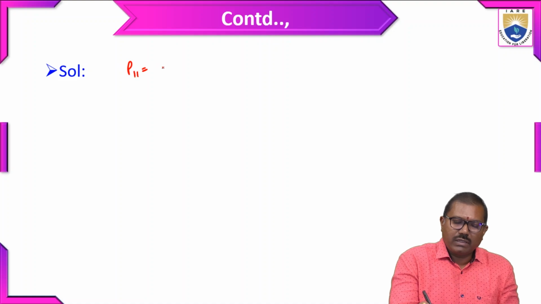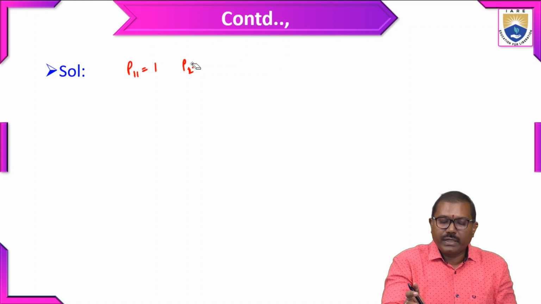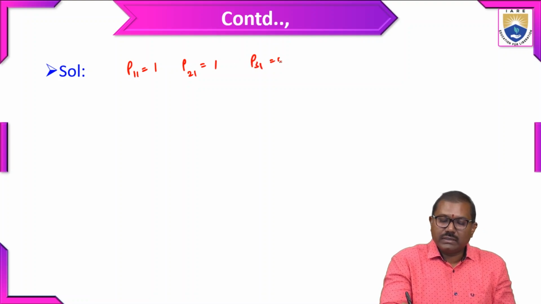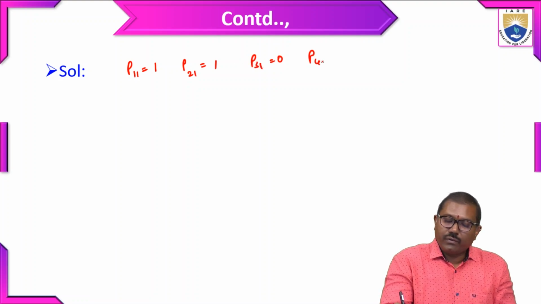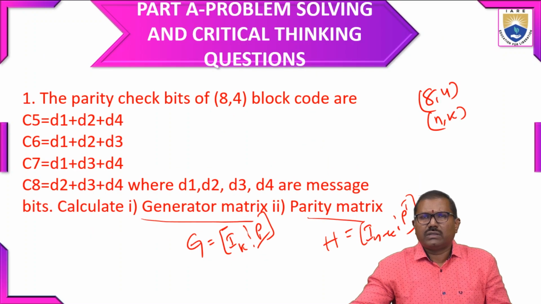P11 is equal to 1. P21 is also 1. P31 is 0. P41 is 1. Okay, why? Because here D3 is absent.